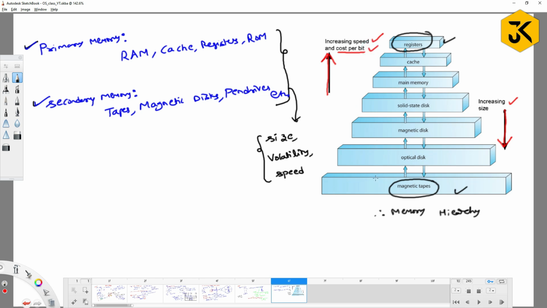So generally in the real world, when you buy some kind of magnetic tape, it will cost less. But when you go with certain kinds of registers or cache memory, accessing them will cost more. Okay, fine. So this represents the hierarchy of the memory.